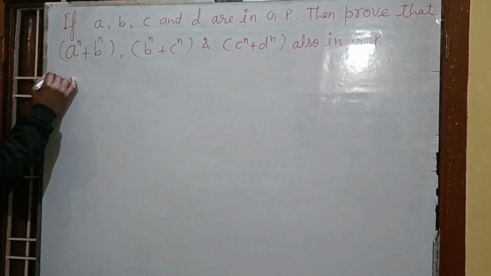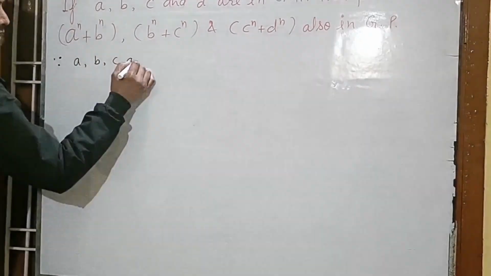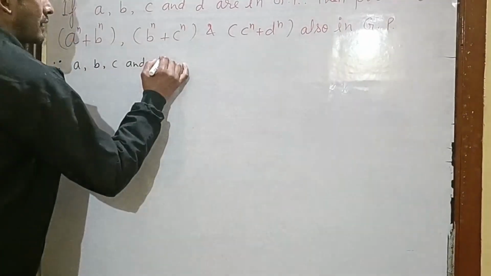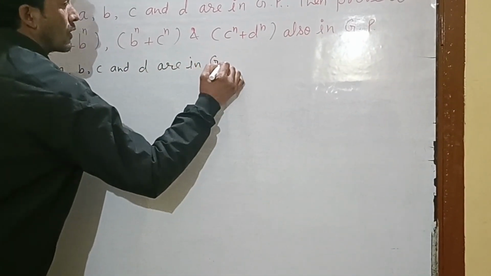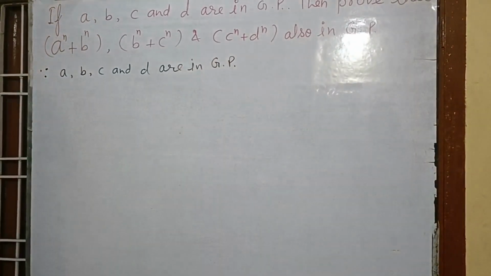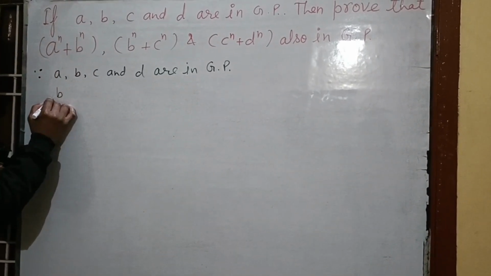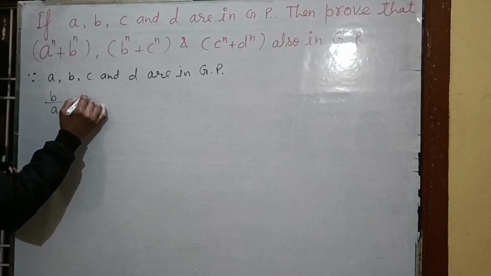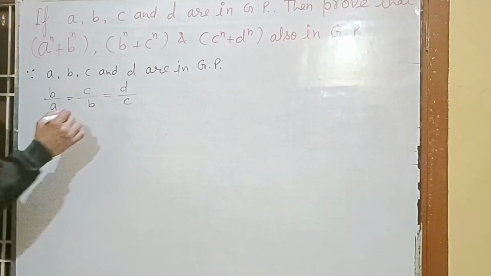Since A, B, C and D are in GP, B upon A should be equal to C upon B equals to D upon C. Let this common ratio be lambda.